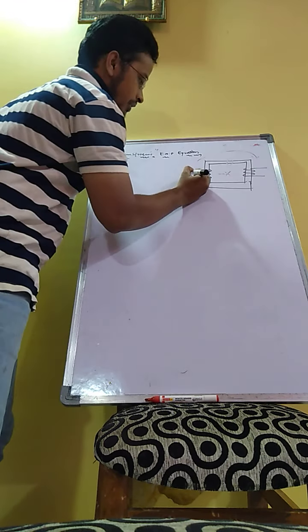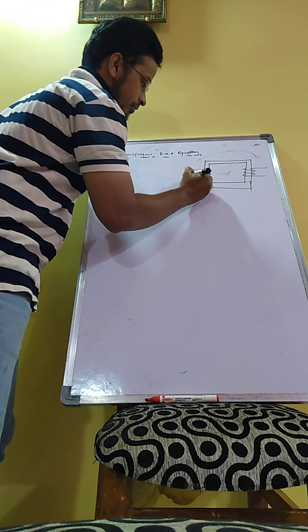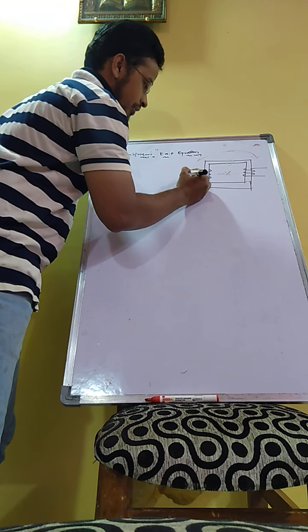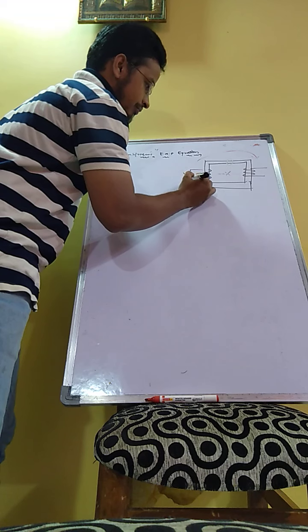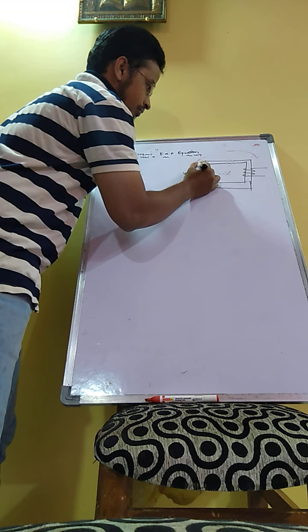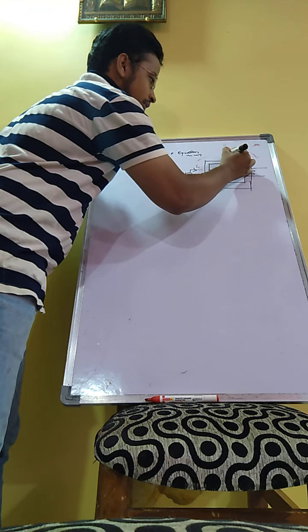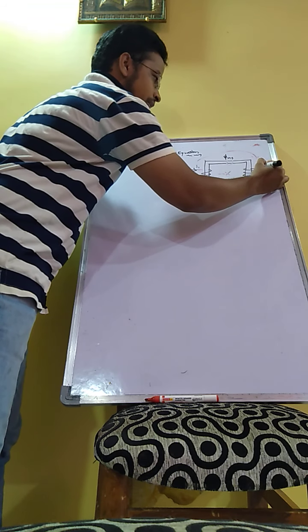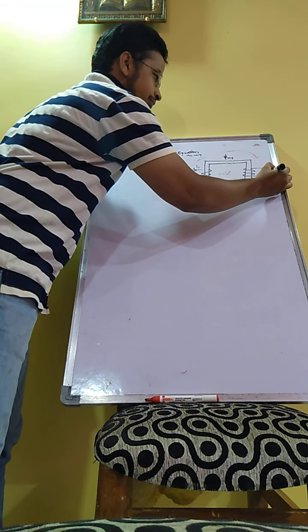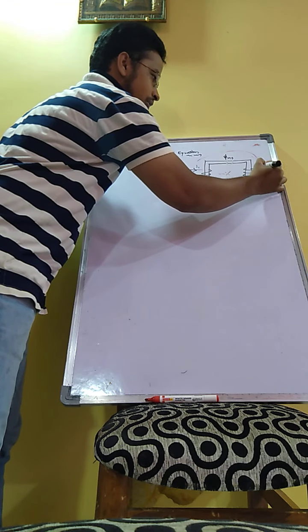First we are applying a sinusoidal waveform, because this transformer works only on sinusoidal. This is I1, this is flux phi m, and if you connect any load here, this is I2.